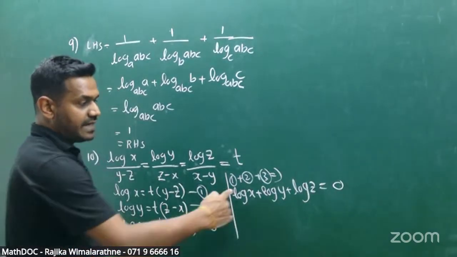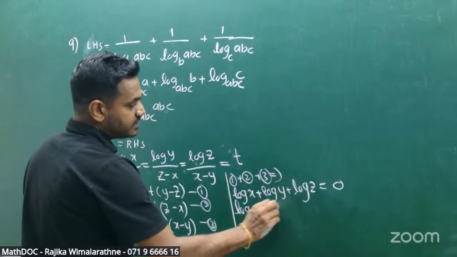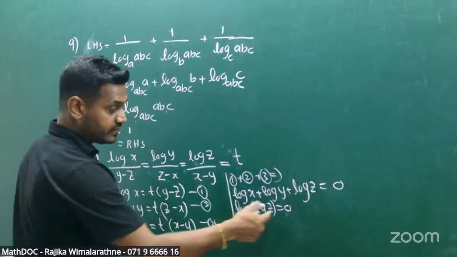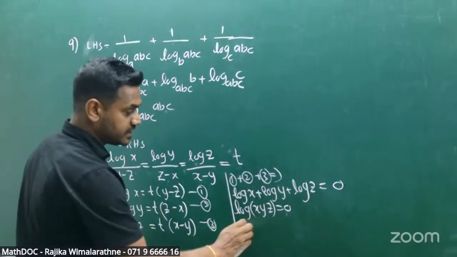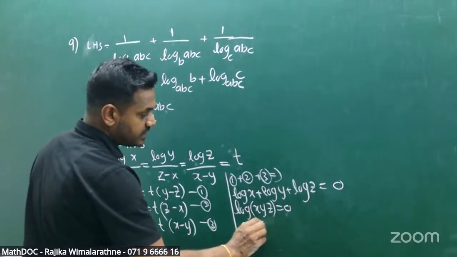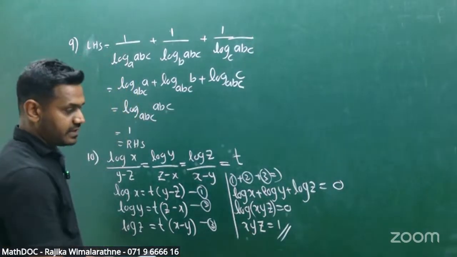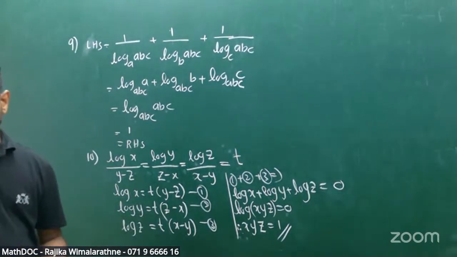Then log addition we can write as product: log xyz equals 0. A result of 0 happens when log 1 is 0. Therefore xyz equals 1. That is question number 10.